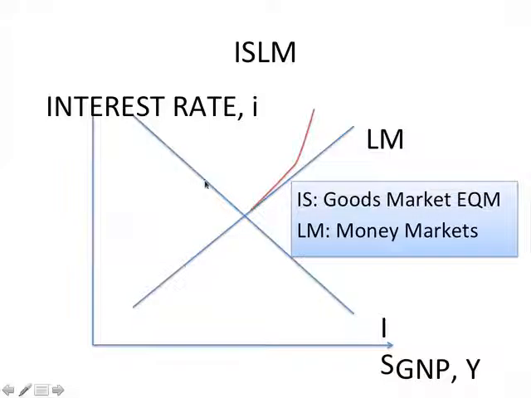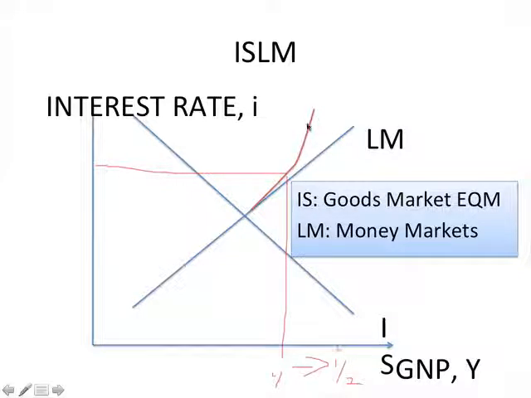So imagine that we're here, at some interest rate, and we want to get a big increase in output. We want to move from Y1 to Y2.